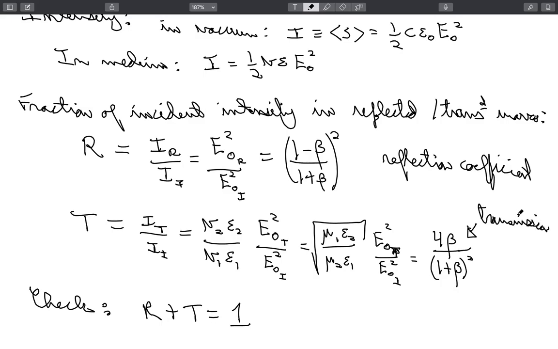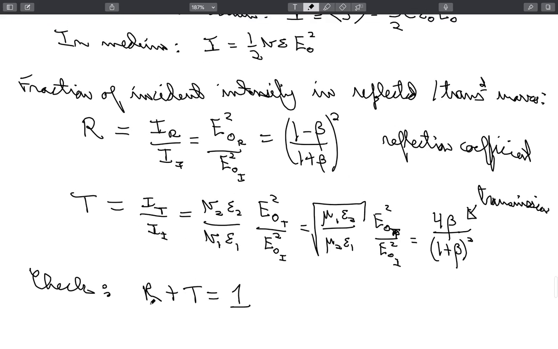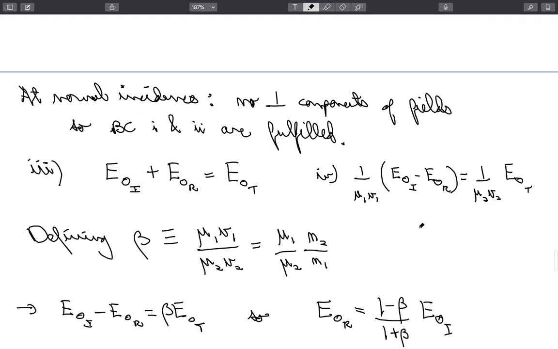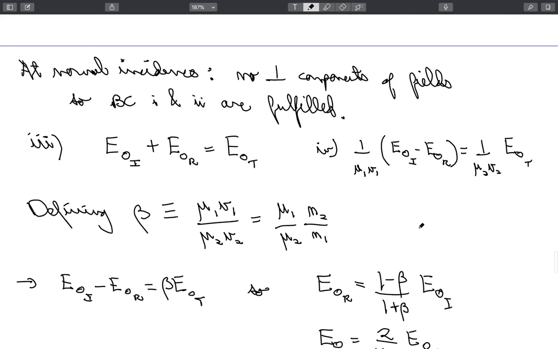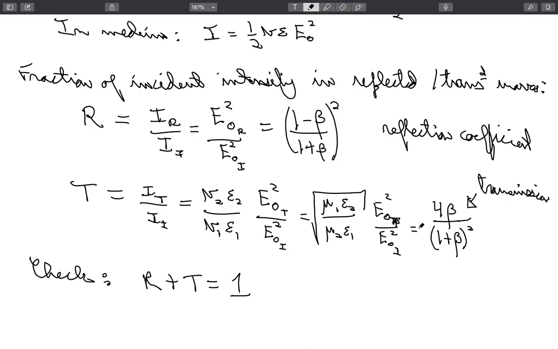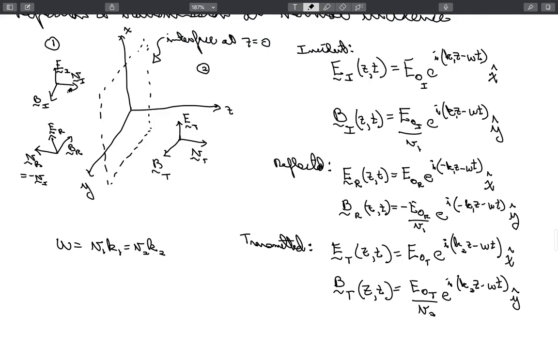So all the intensity in our wave gets either reflected or transmitted, and the particular ratios of the reflected versus transmitted coefficients are exclusively determined by the inherent properties of the media, that is, their permittivity and permeabilities. And this, I remind you, is special to plane waves that arrive at the surface at normal incidence. Just after this, we're going to do the more general case of the oblique incoming wave.